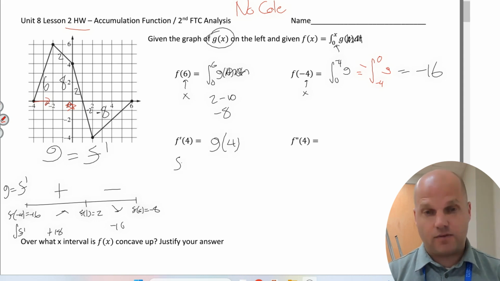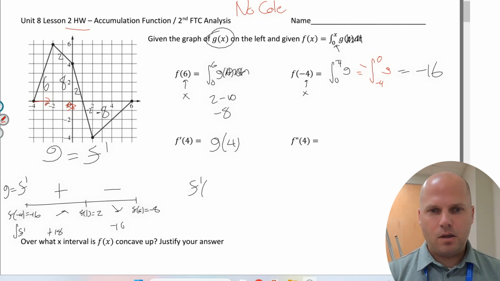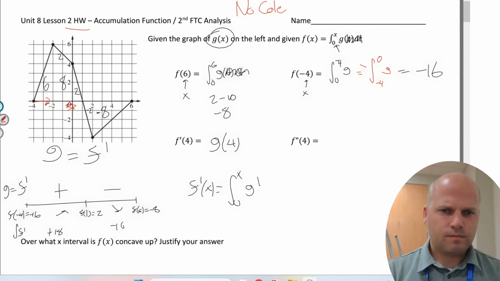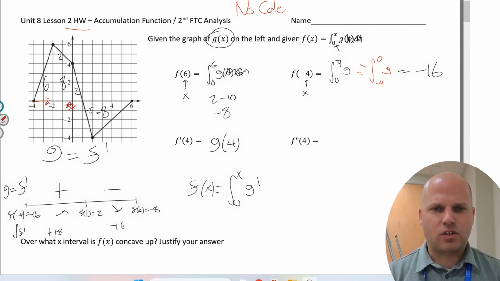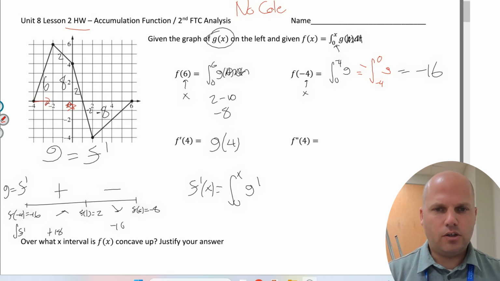Many people make mistakes if they actually don't learn this stuff, is they think that f prime is equal to the accumulation of g prime. And I'm actually thinking that that's correct, because we're going to talk about the accumulation of g prime.